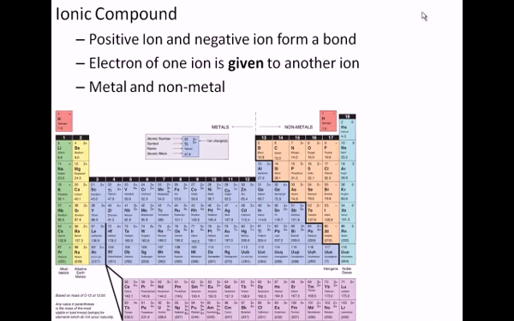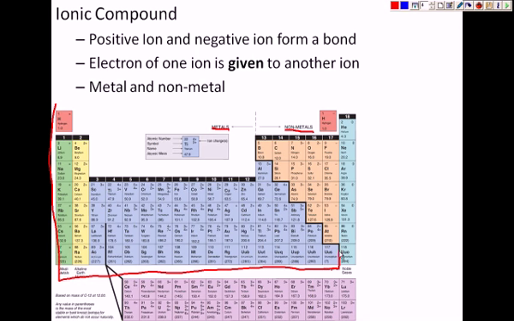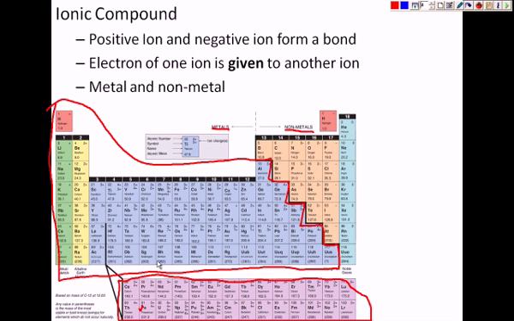So here's a periodic table, and what we can see is that it is divided into two pieces: metals and nonmetals. So ionic compounds are when we have a metal, these are the metals, combines with a nonmetal.